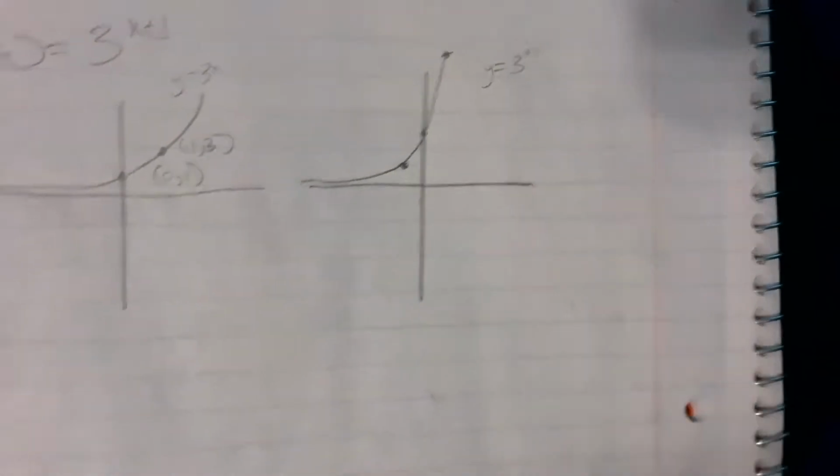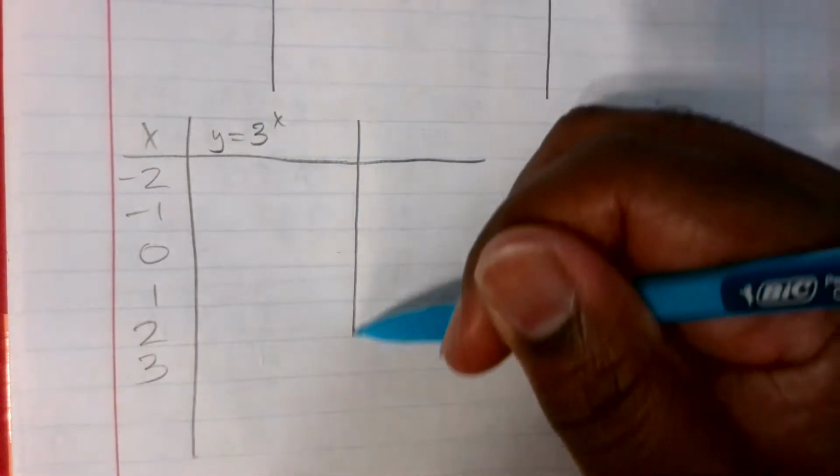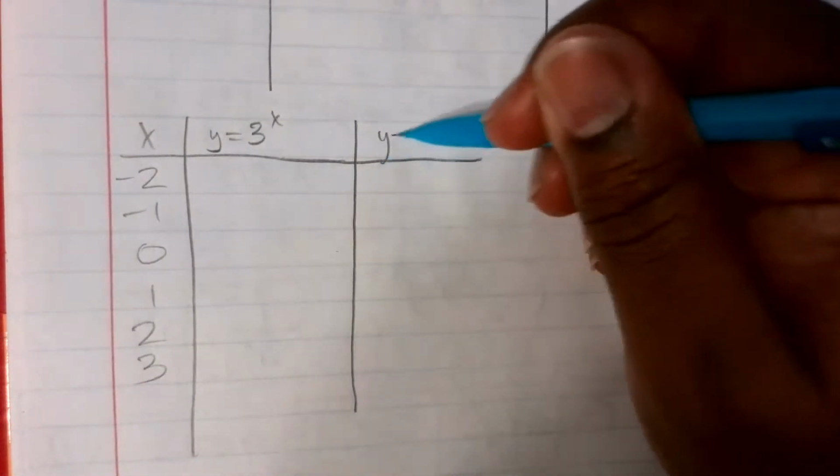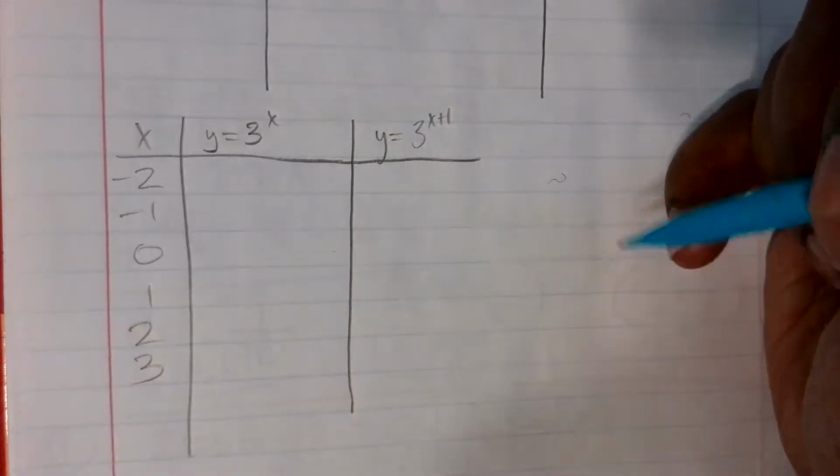Yeah, I'll make the table. X will say -2, -1, 0, 1, 2. Let's do 3. So y is equal to 3 to the x, and then y is equal to 3 to the x plus 1. All right.